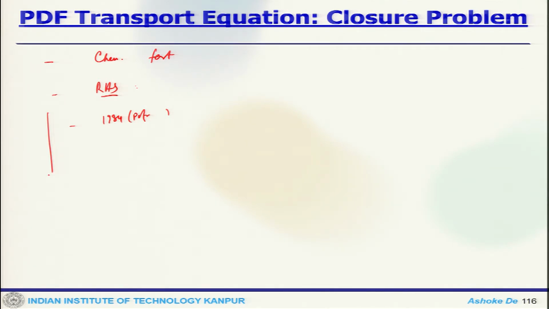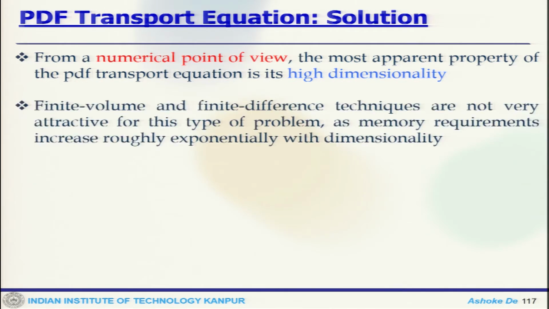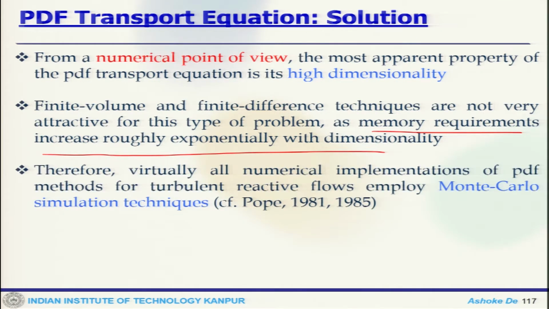Now, how do you get a solution for the PDF equation? From a numerical point of view, the most apparent property of the PDF transport equation is high dimensionality. That is why typical computational techniques like finite volume or finite difference are not very attractive for this type of problem, because the memory requirement increases with dimensionality.